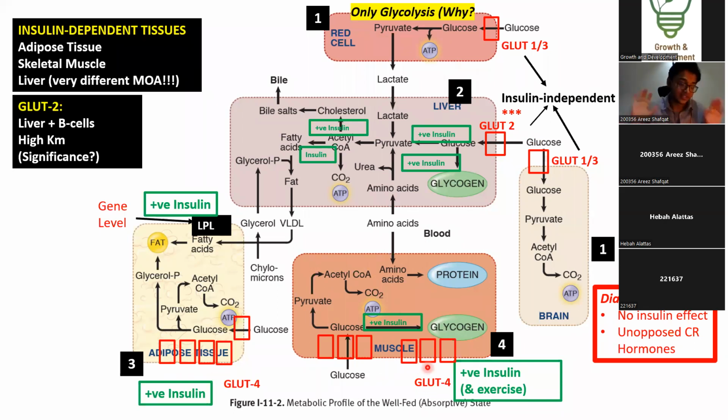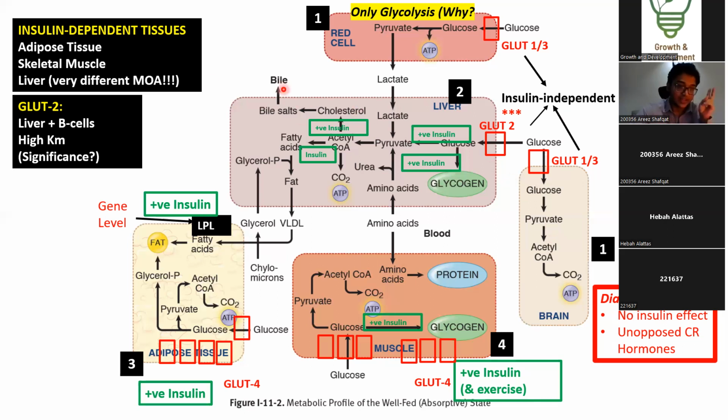So glucose doesn't go into skeletal muscles and adipocytes. Therefore, you have hyperglycemia. There's no lipoprotein lipase activation, so you have less deposition of fat. That's why diabetics tend to lose weight. So all of these effects, if you understand the basic biochemistry, you can understand the pathology of diabetes.